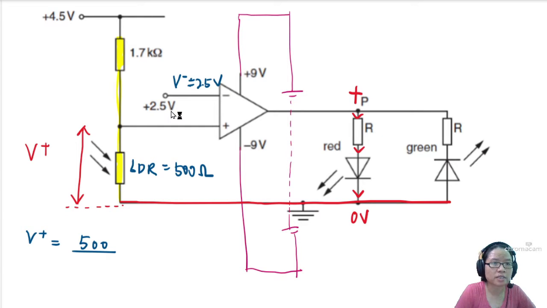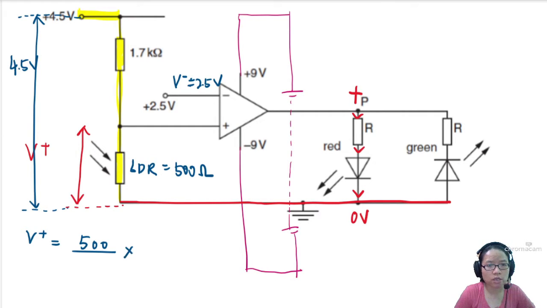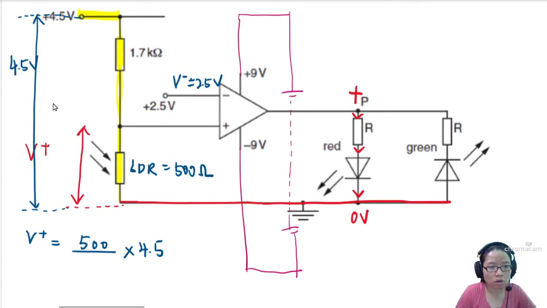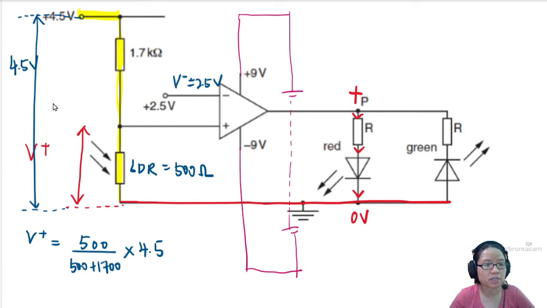So they are connected in series this way to the 4.5 volt. Meaning the potential across both resistors, from here all the way down here, is 4.5 volt. They are sharing 4.5 volt. LDR gets a share of 500 out of 500 plus 1.7 kilo ohm.